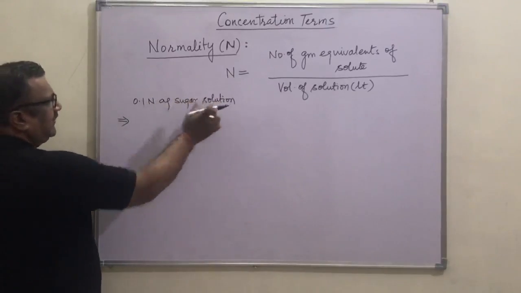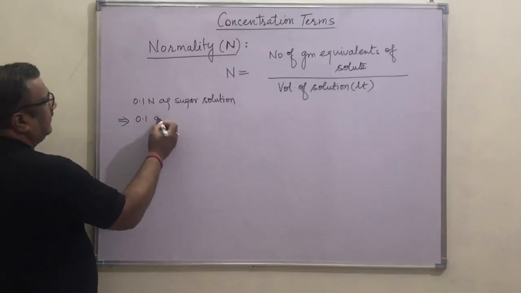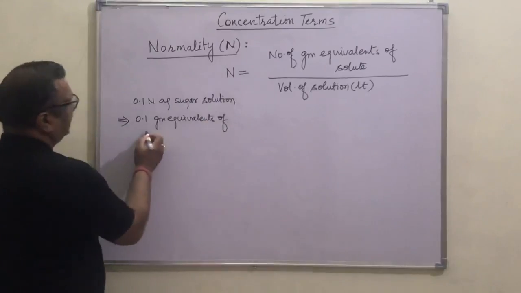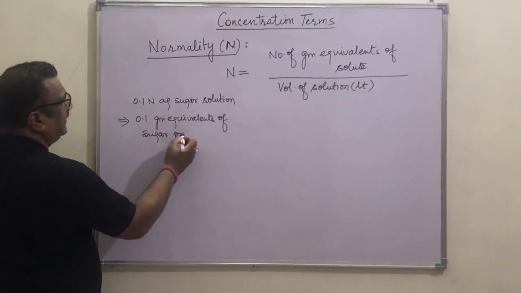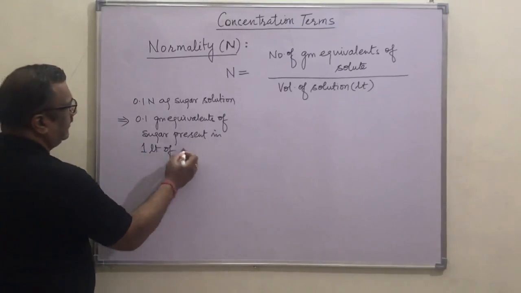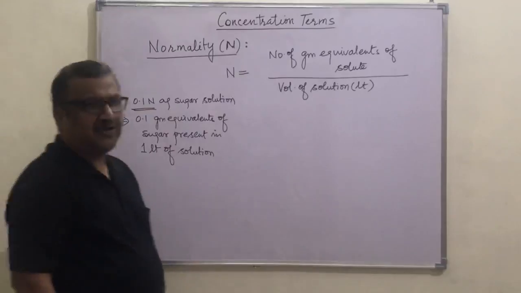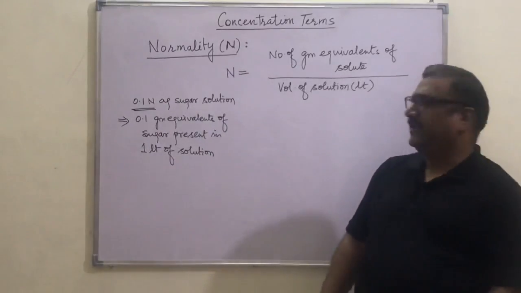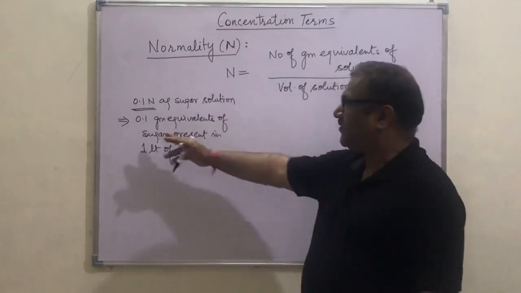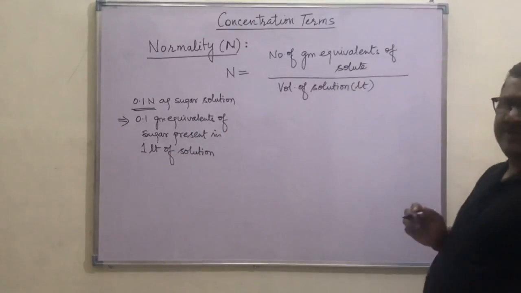The 0.1 normal aqueous solution means in this case we have 0.1 gram equivalents of sugar present in 1 liter of solution. This is the simple information we are getting from this concentration term of normality. So if normality is written as 0.1, it means this solution contains 0.1 gram equivalents of solute present in 1 liter of solution. That is the simple meaning of normality.